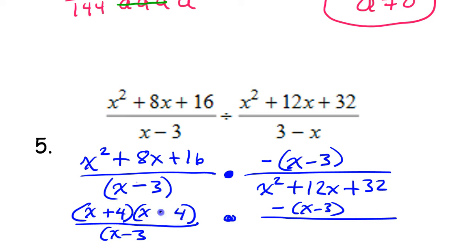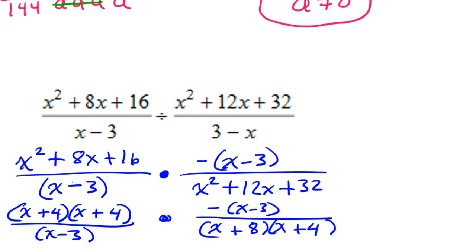All right, positive and positive. Looking at this trinomial here, that's going to factor as a binomial times a binomial. x squared is x times x. 32 is probably going to be 8 times 4. Positive and positive. So now I have factored everything out.